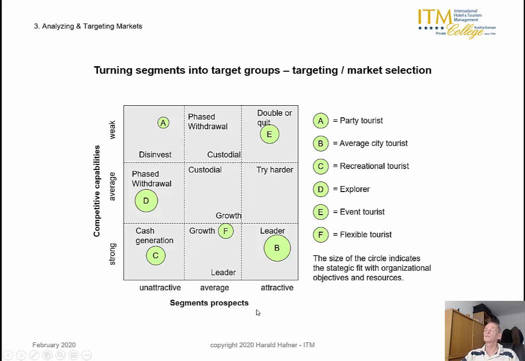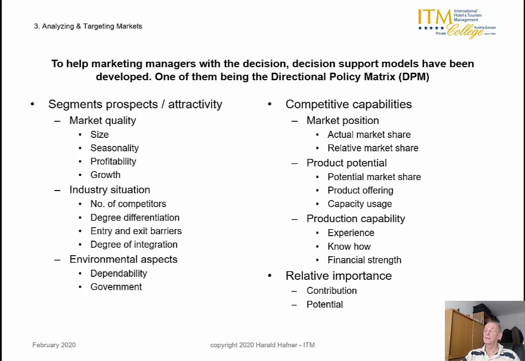And as far as the prospects are concerned, we do not distinguish only between unattractive and attractive, but have also added the average. So instead of 4 fields, we have 9 fields, thereby developing a more specific and more detailed, we call it a more sensitive, way of looking at a business.